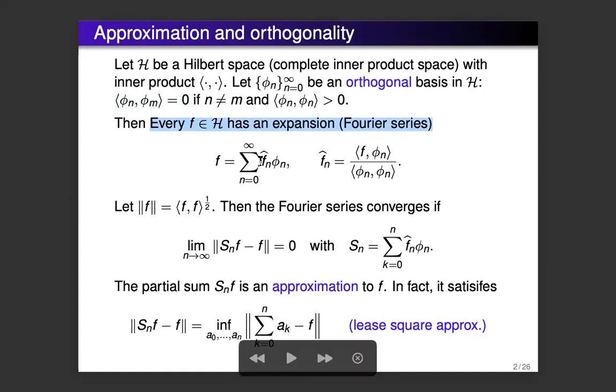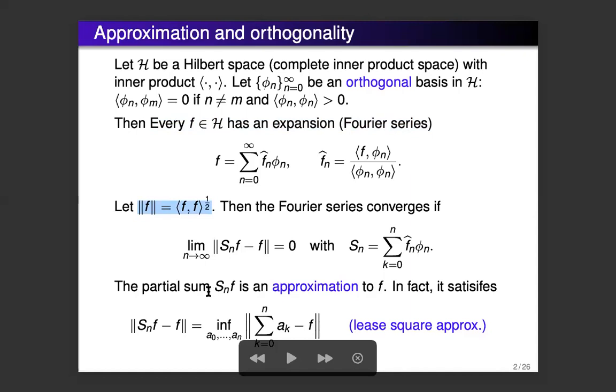So f can be written as an infinite sum, where f_n is simply the ratio of the inner product of f with the basis element divided by its norm squared. The norm of the space is the square root of the inner product of f with itself. Then the Fourier series converges if the norm of f minus S_n f tends to 0, where S_n is just the partial sum. This is what we usually teach in calculus and in elementary analysis.